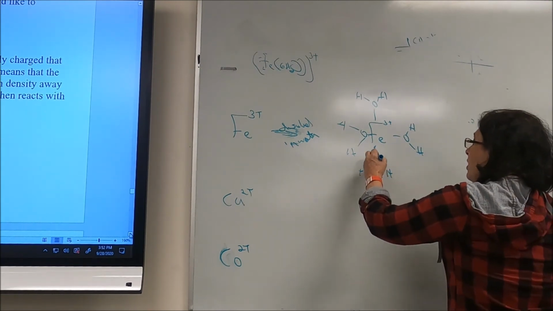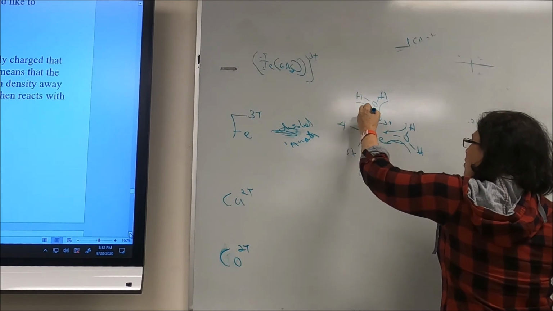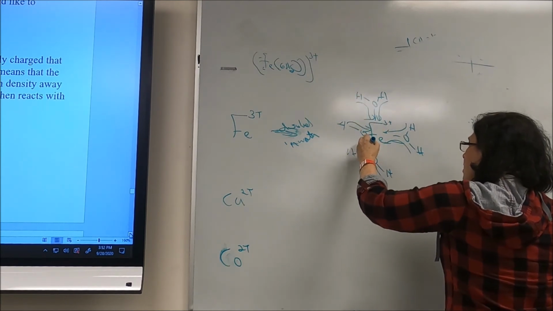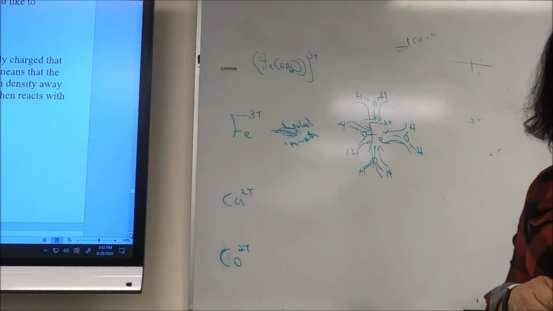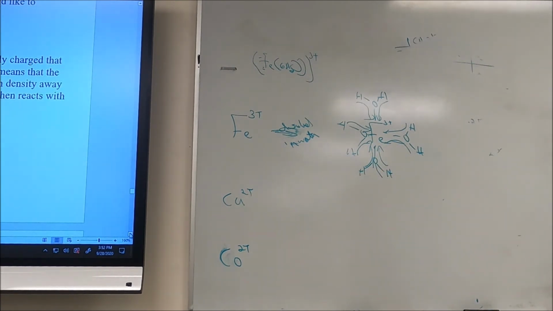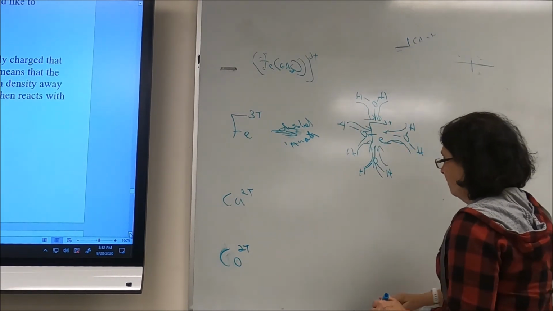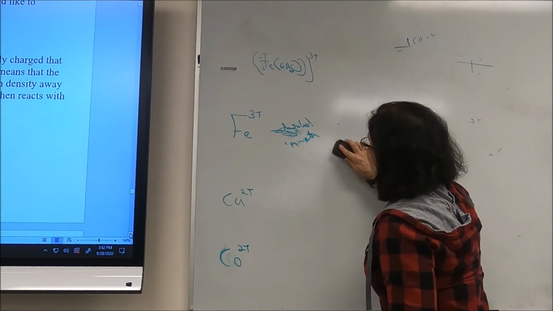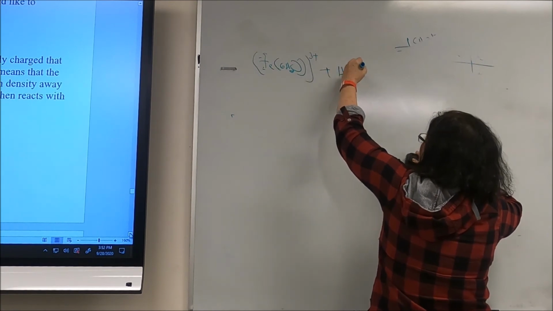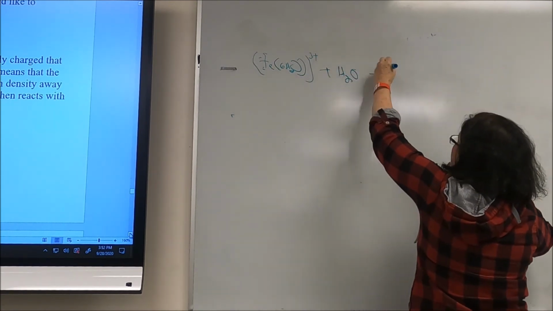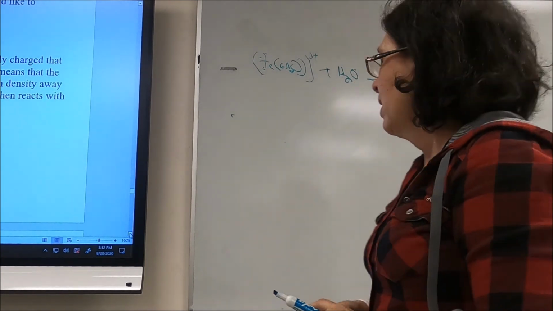Now that starts pulling even more electron density away from those hydrogens. The iron 3+ acts like a very electronegative element, but it's an ion. So we've pulled electron density away. When that happens, and this guy bumps into a water molecule that's not part of the complex, we get an acid-base reaction going on.